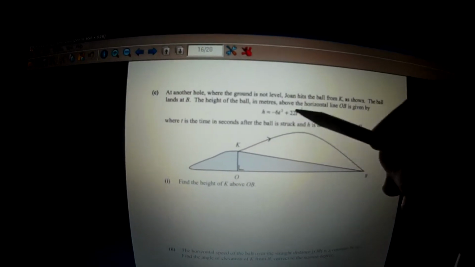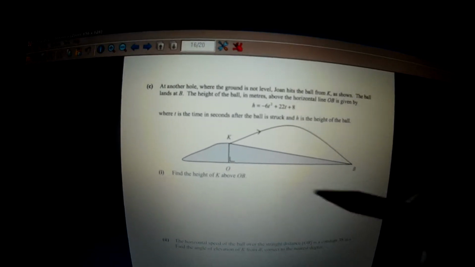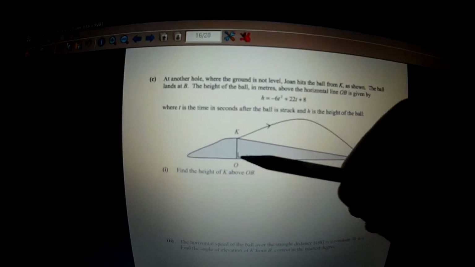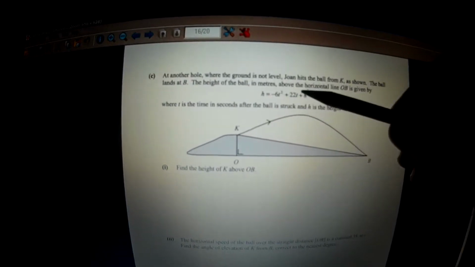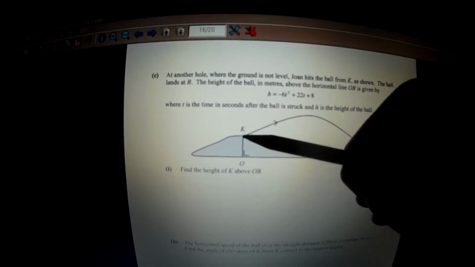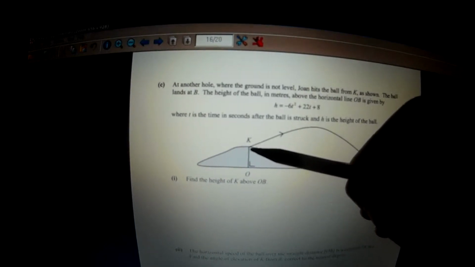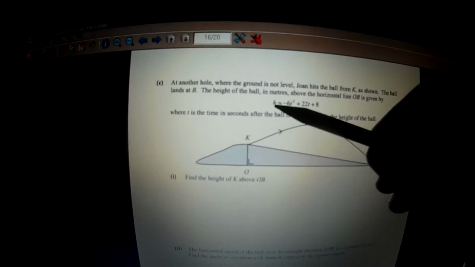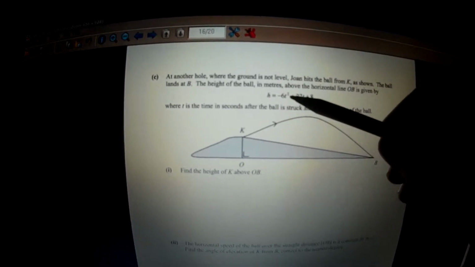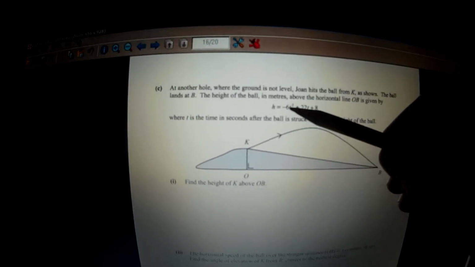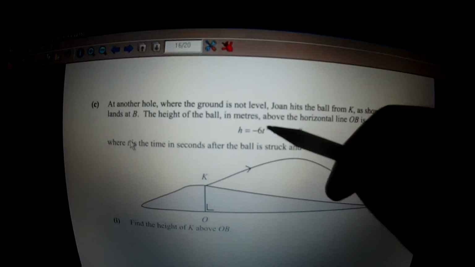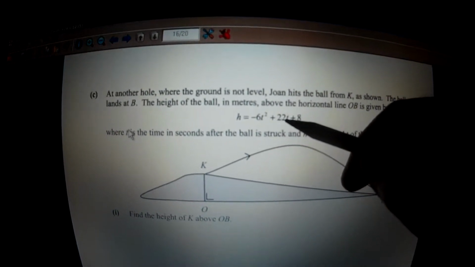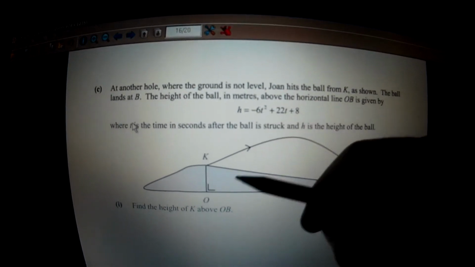We want to find the height of K above OB, so we want to know what this is. That's the H. At this point here, that's when everything is starting, t is 0. So if I want the H when t is 0, that's minus 6 by 0 squared, which is 0, plus 22 by 0, which is 0, plus 8. H is going to be 8 at this point.